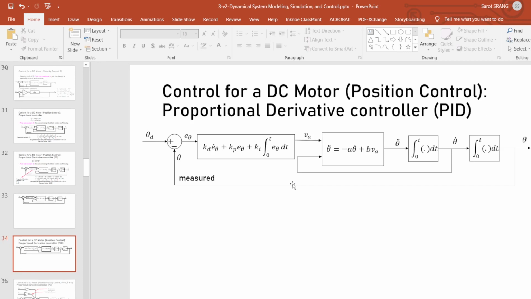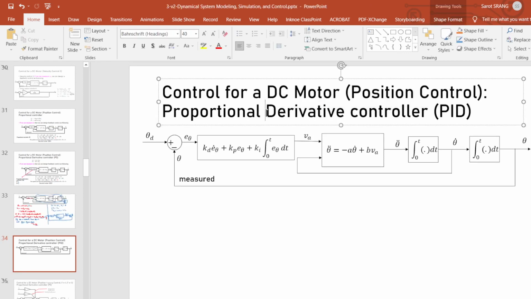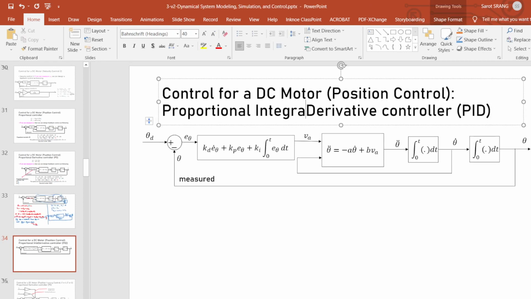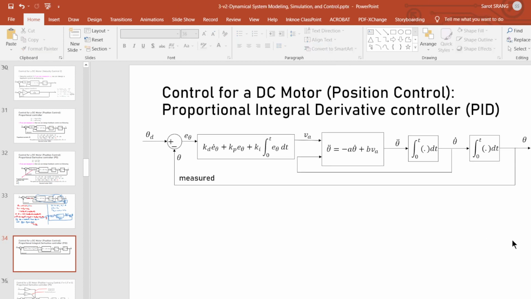Okay, so I missed the term integral. This is very, very popular, not only for controlling a DC motor, but also in aerospace, chemical processes, and many other control systems. PID is still the most popular one.